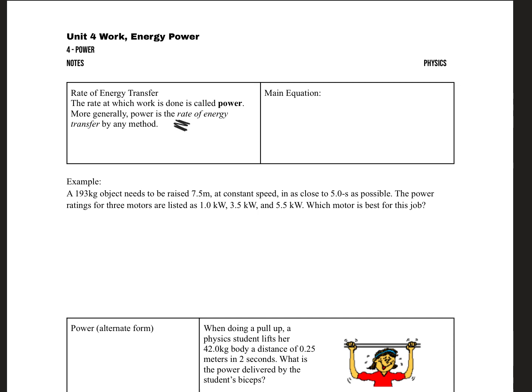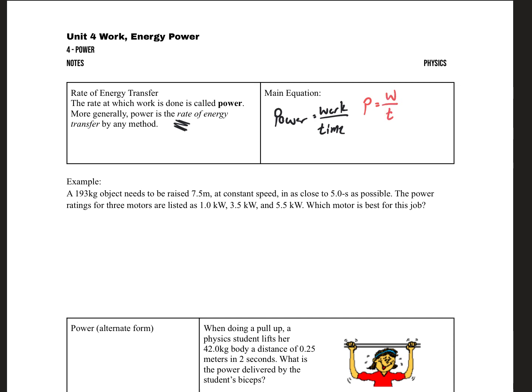What we're talking about here is that energy is transferred by any means necessary, and we'll talk a lot about that later. But the main equation is this. Power is going to be the amount of work done in a certain amount of time. So for variables, we'll use P equals W for work over time.